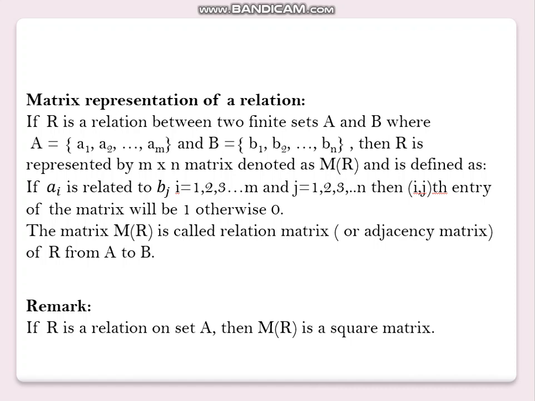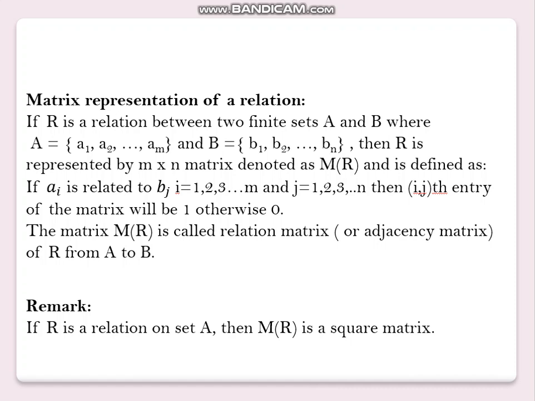Now how are we going to write the matrix? If a_i is related to b_j, that means the ith member of the set A is related to the jth member of the set B, where i runs from 1 to m and j runs from 1 to n, then the ij entry of the matrix will be 1, otherwise 0. So the order of the matrix is m by n. The matrix of the relation may also be called the adjacency matrix of relation R from A to B.